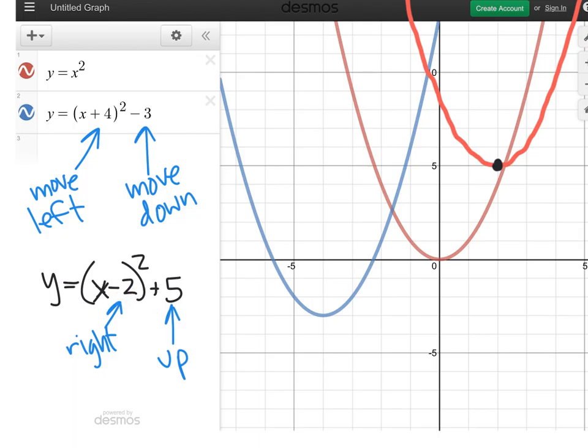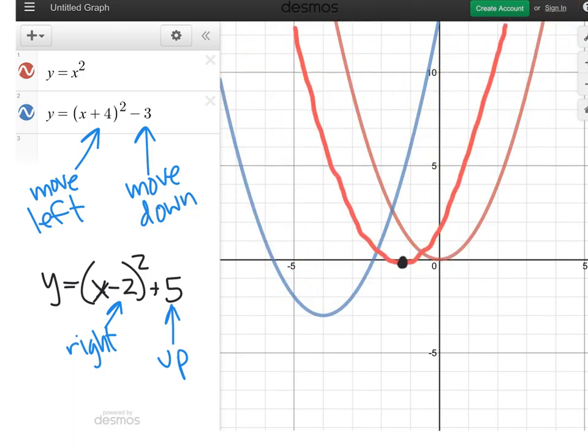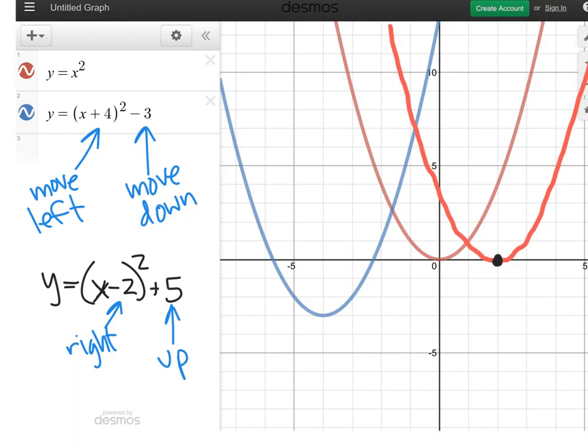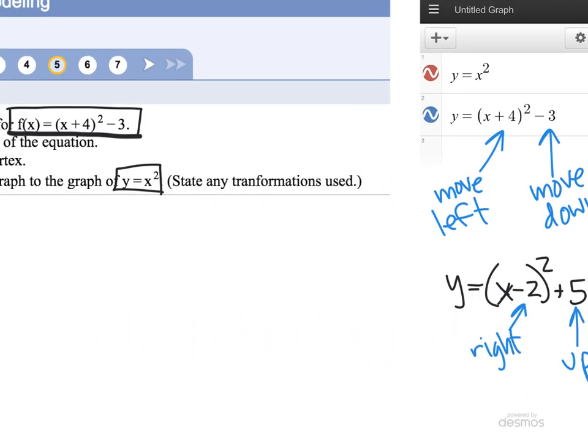So that's the idea: we are supposed to be recognizing how these numbers transform the home function into something different. And let's see, did I answer that whole question?